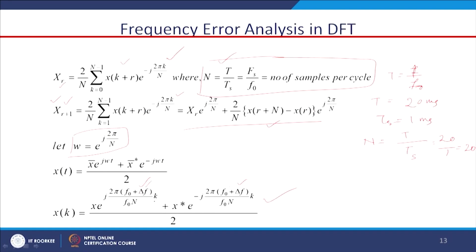So obviously the magnitude of this X of r plus 1 and also the phase angle are going to be affected, because the frequency has deviated from the nominal value.